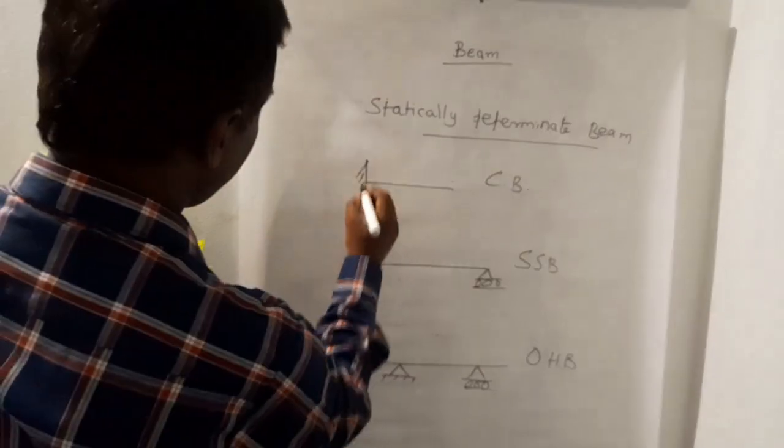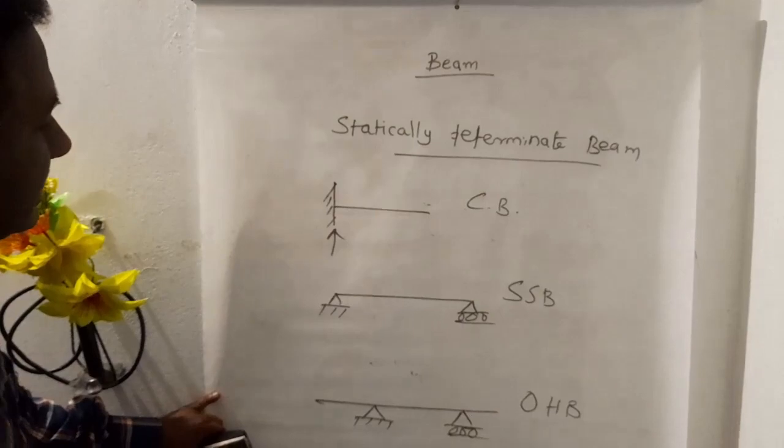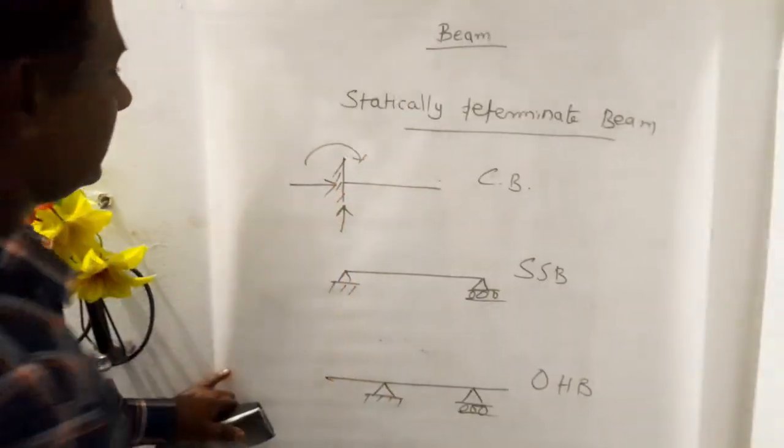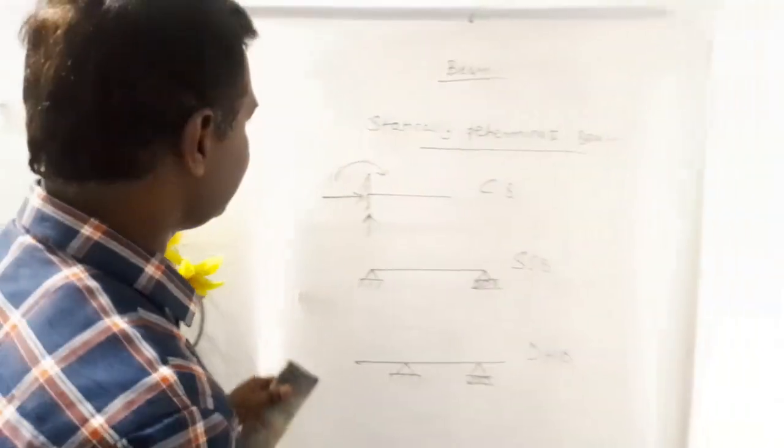Here, consider the number of reactions. For a fixed end, there are 3 unknowns and 3 equations. So it is a statically determinate beam. We can find all the unknowns.